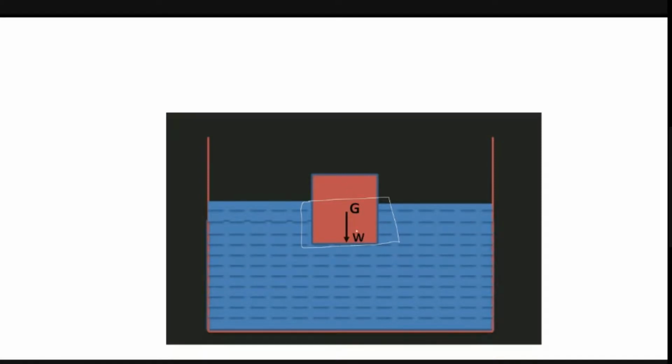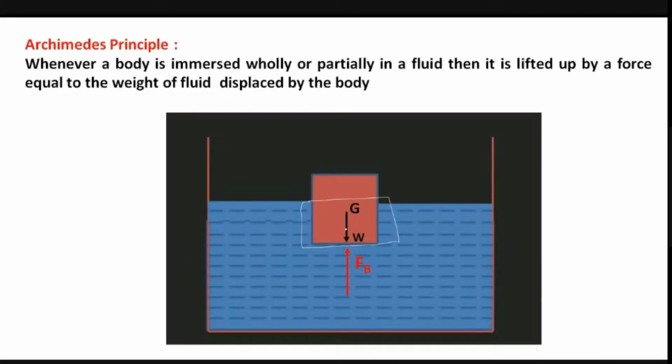The object has its weight, and the weight of the fluid displaced also generates a force in the opposite direction to the weight of the object. This force is called the buoyancy force.